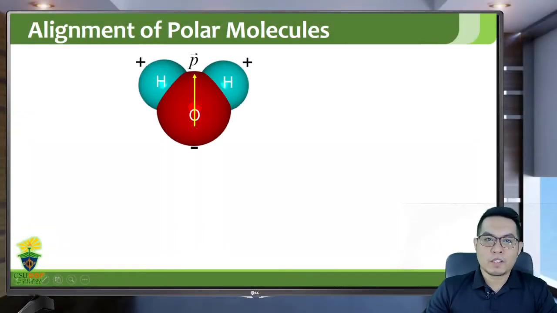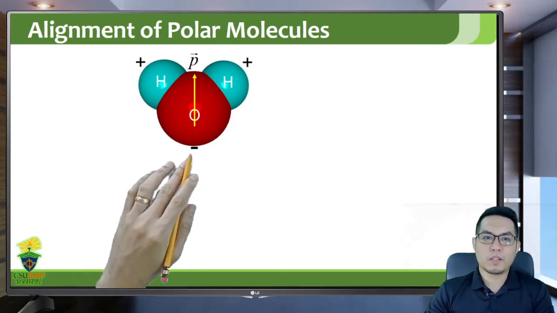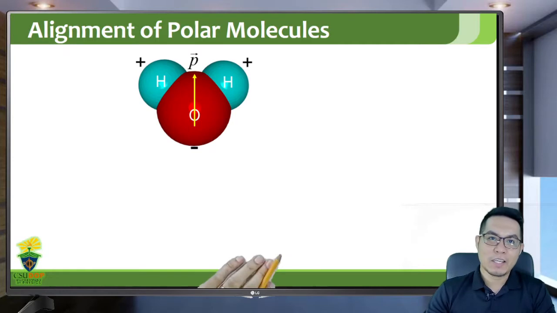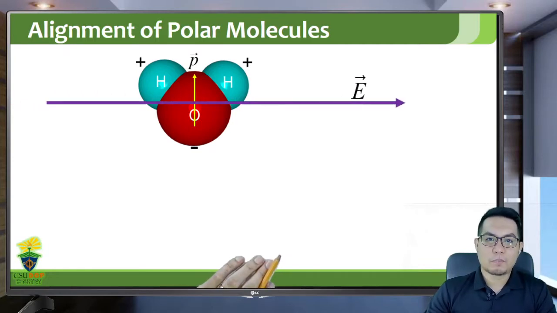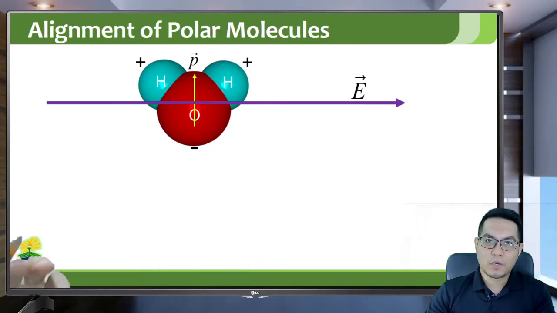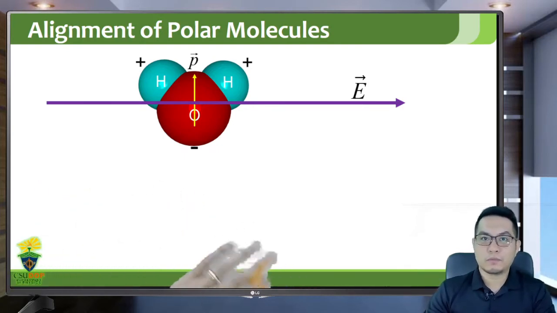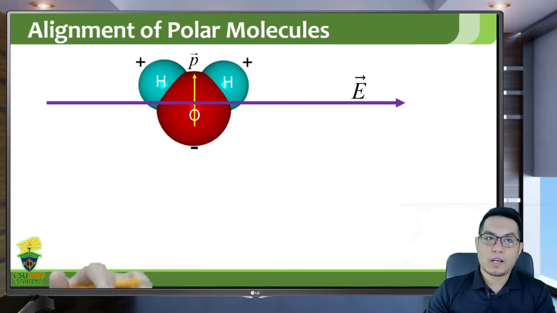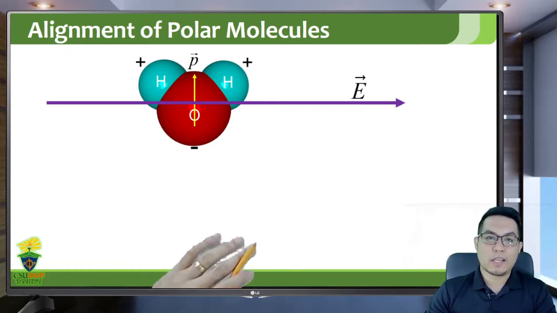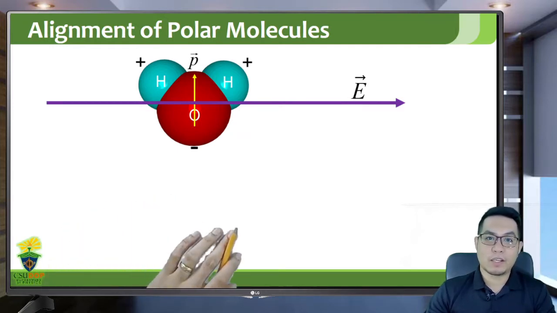Okay, so we mentioned earlier a polar molecule. A polar molecule inherently has a dipole moment. Now, if you expose this polar molecule to an external electric field, if you recall, positive charges will be pushed along the direction of the field, while negative charges will be pushed in the direction opposite to the field.